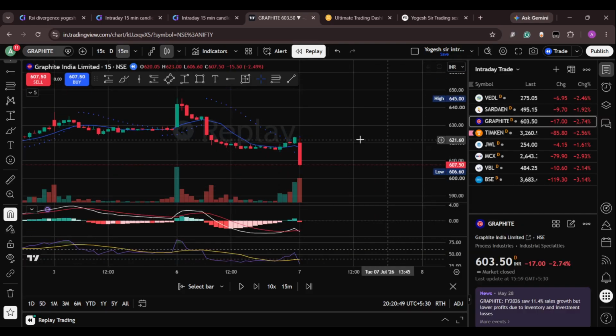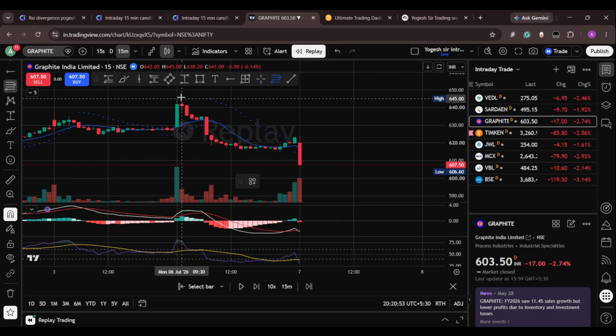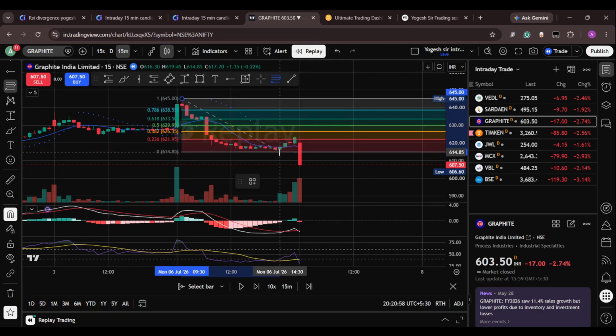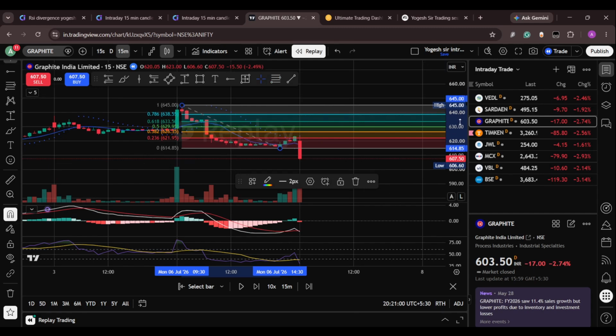Same with here. So first I will mark all the previous day high and previous day low candles to identify today's first candle. How does it look?